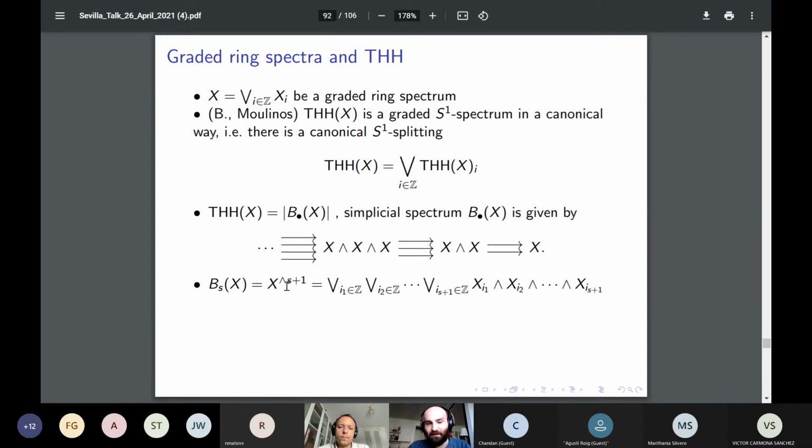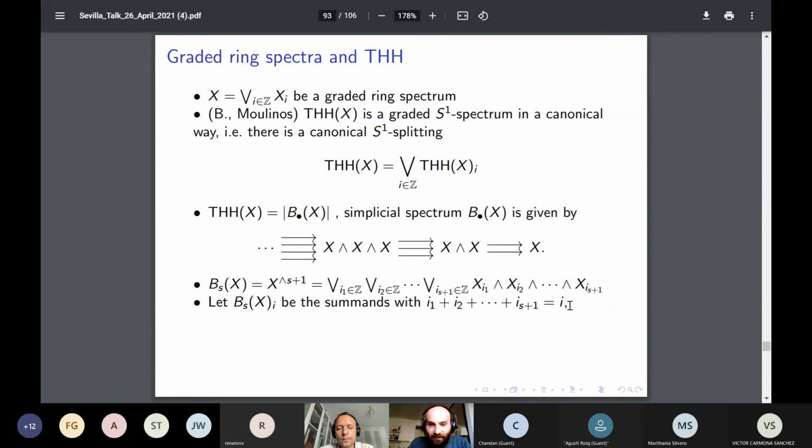Because smash products commute with coproducts, if you take the coproducts out of each smash factor, you obtain this giant coproduct on the S+1 smash power of X. Then each cofactor here is obtained by focusing on the cofactors where the sum of the indices is equal to i. So the i summand is obtained by just taking all these cofactors where the sum of the indices is equal to i.